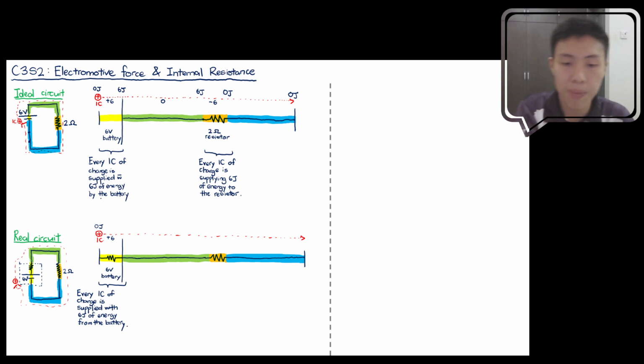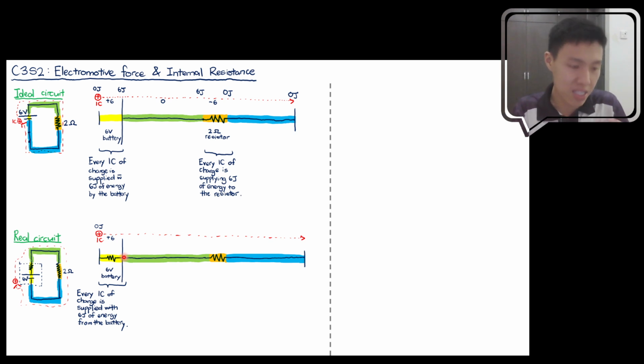But at the same time, we know that inside the battery there are chemicals. If it's a nickel cadmium battery, then there'll be nickel and cadmium. Lithium ion, then probably there's lithium inside. It depends on what kind of battery you're talking about. But all these kinds of batteries have some chemicals inside. So if you think about it, for the electron to go through all those battery materials, those materials themselves also pose some resistance to the charge.